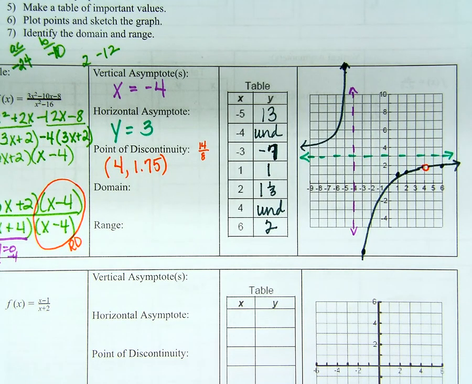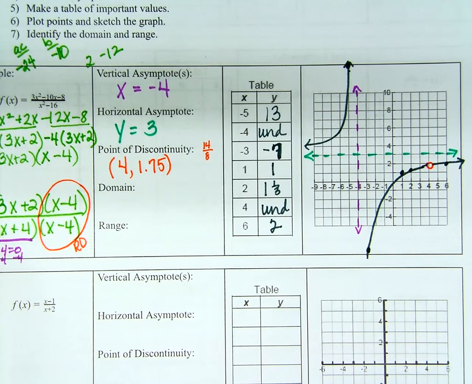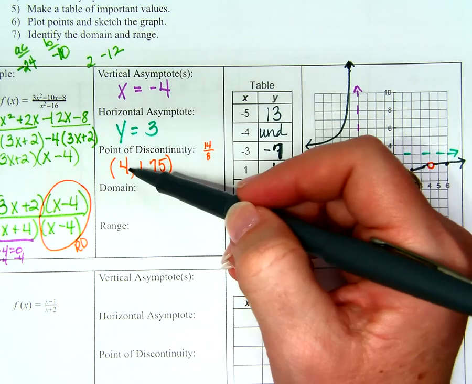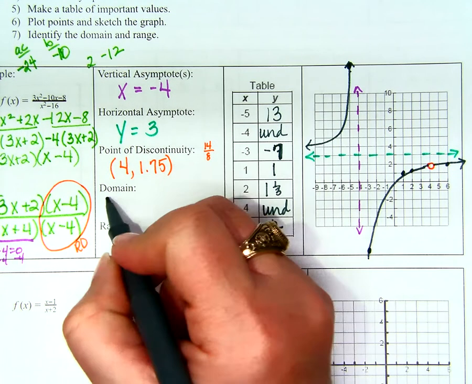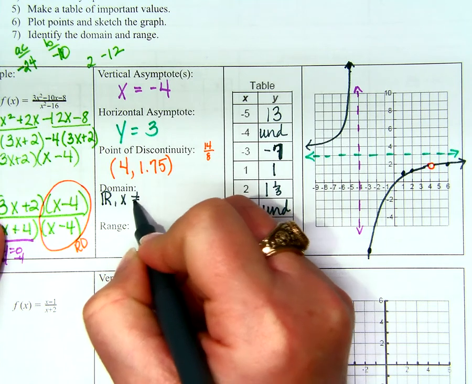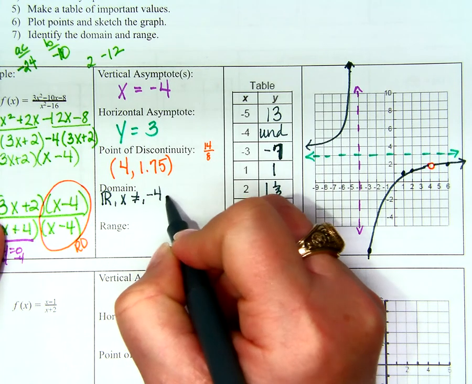Domain and range. If I know where my vertical asymptotes and my points of discontinuity are, do I know where my domain is not? Okay, so where is my domain not? -4, +4. So first of all, all real, x is not equal to -4 or +4.